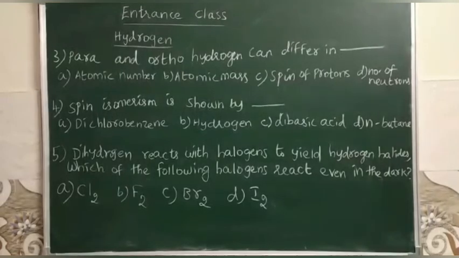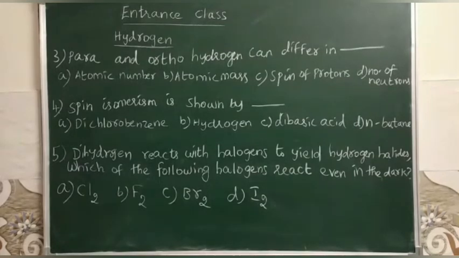So third question, para and ortho hydrogen can differ in. First option atomic number, second option atomic mass, third option spin of protons, and fourth option number of neutrons. So how are ortho and para hydrogen formed?